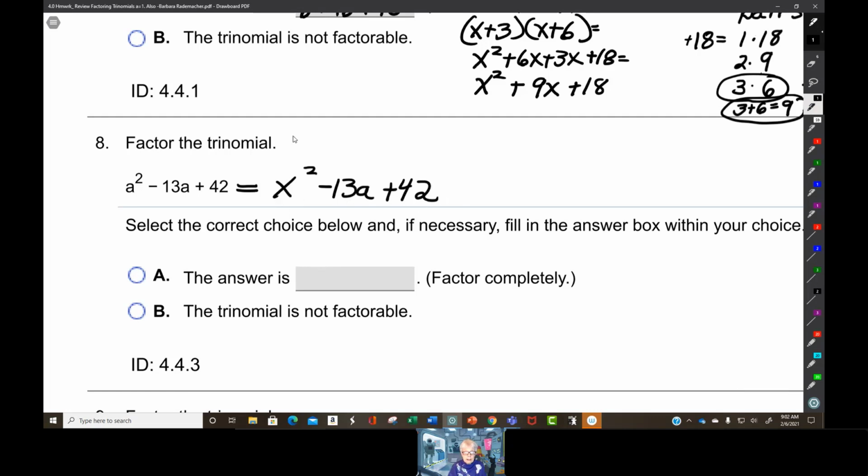Now in this, A is 1. That makes it easier. B is negative 13. Remember, there's an invisible plus sign there. So negative 13 is the coefficient of A. And C is 42.